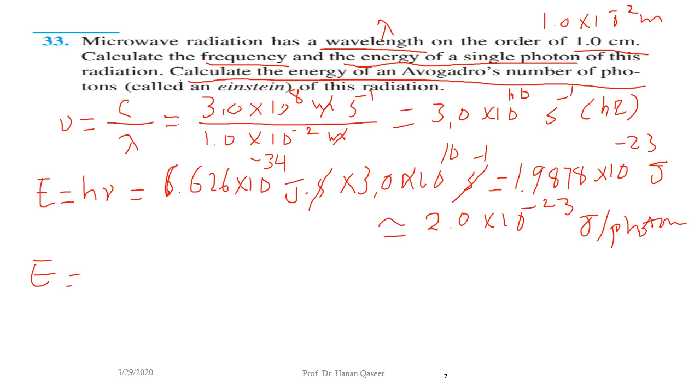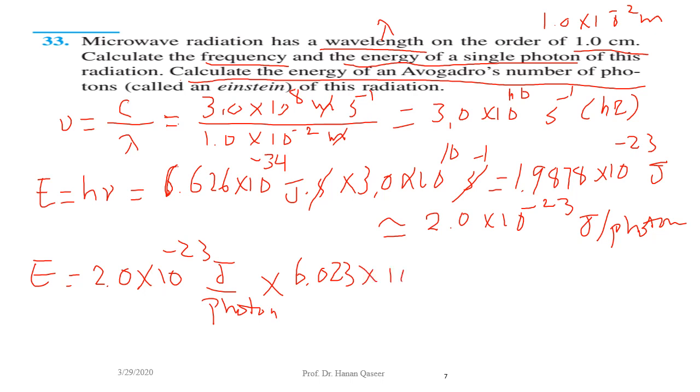Then energy equals 2.0 × 10^-23 joule per photon multiplied by Avogadro's number, 6.023 × 10^23 photon per mole, because Avogadro's number contains 1 mole of photons.